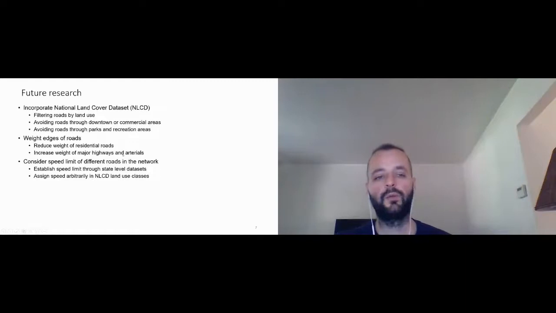We would like to apply weighted edges on our roads so that there is a higher possibility to select major highways or arterials, and a lesser possibility of selecting residential roads. We would also like to consider different speed limits for the roads, and maybe incorporate state level data so that we can again filter the roads accordingly, and assign speed arbitrarily in NLCD land use classes.